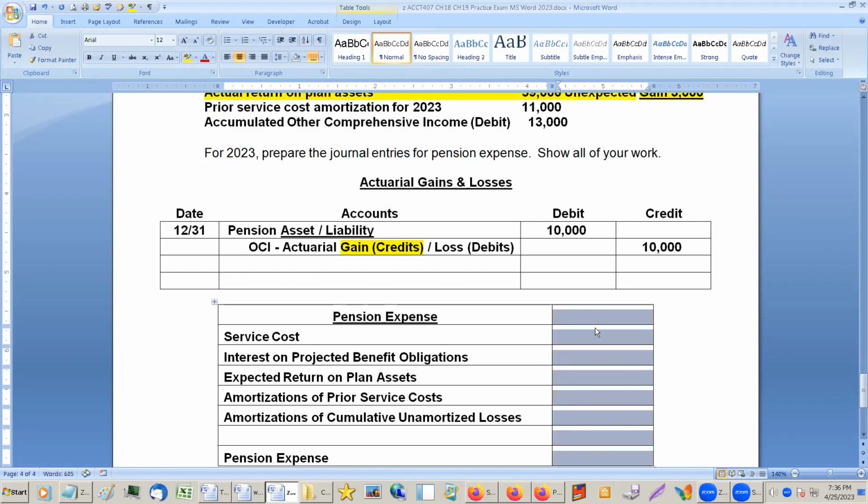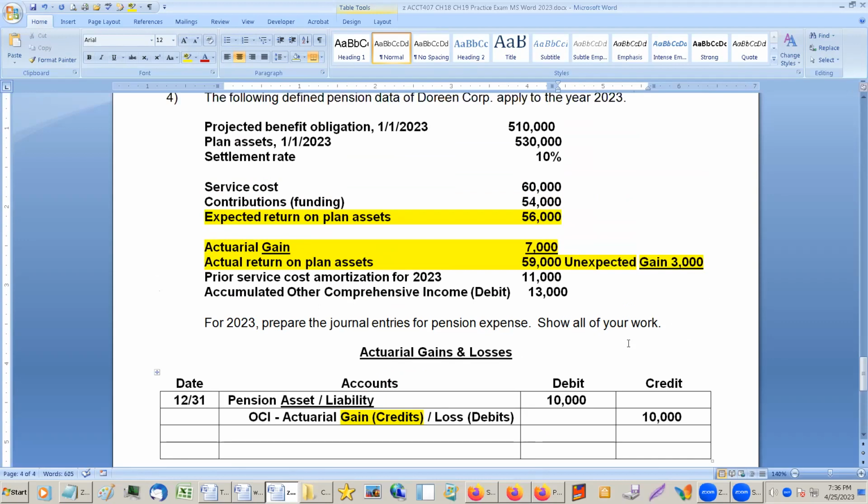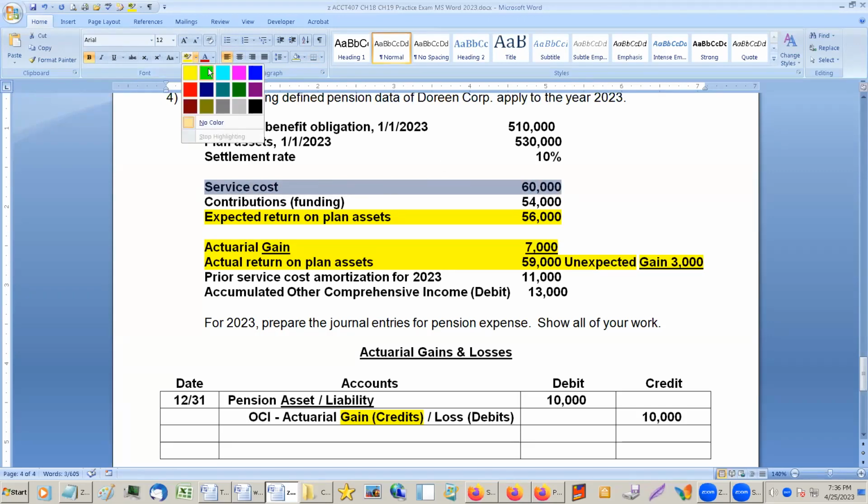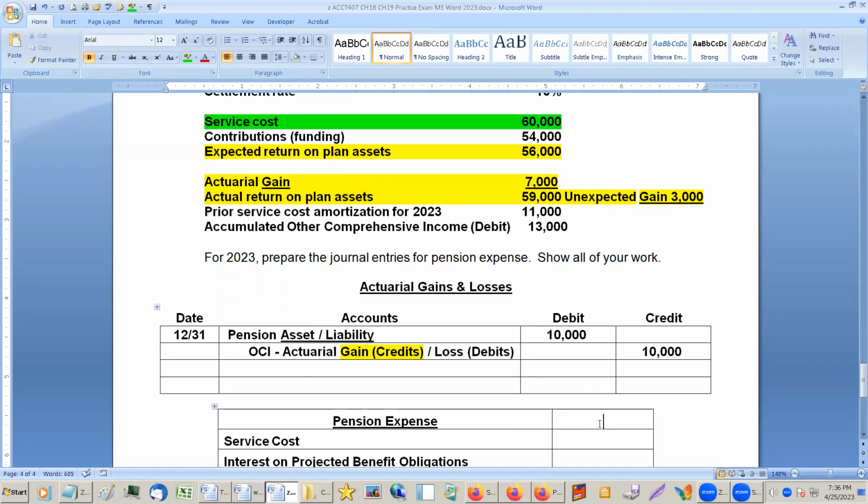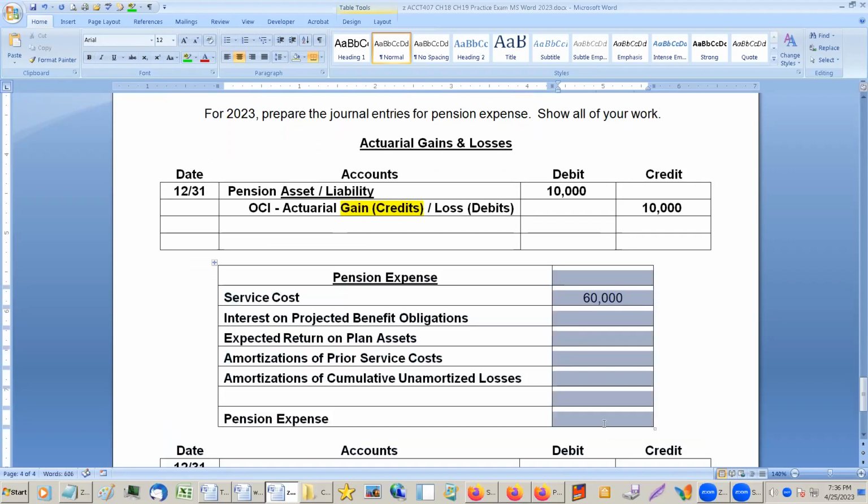My problem. Okay, so pension expense. So service cost is $60,000. So that's what they earned this year.